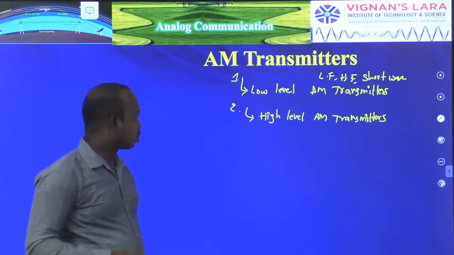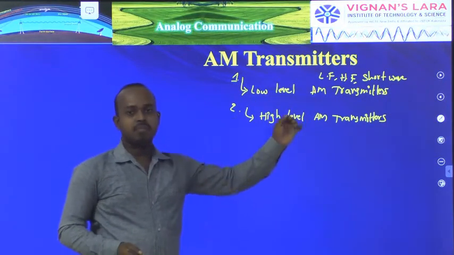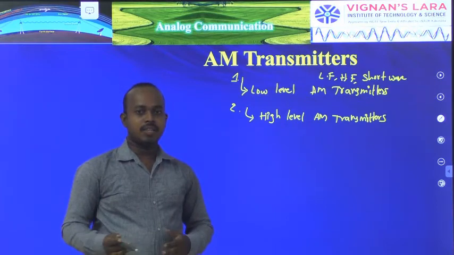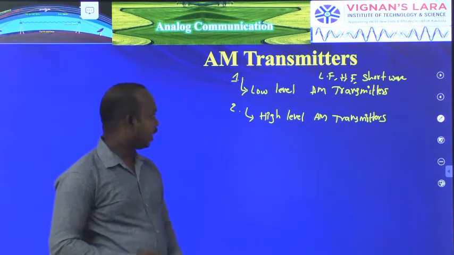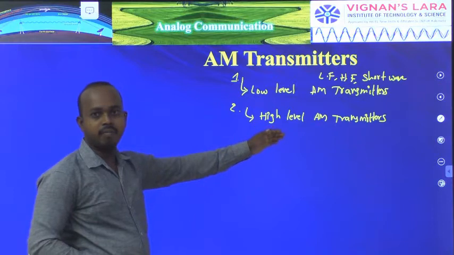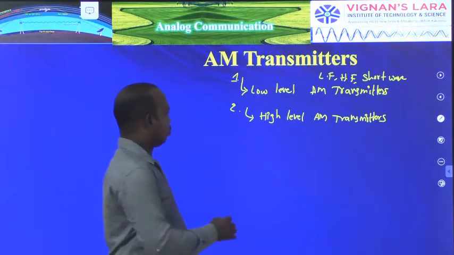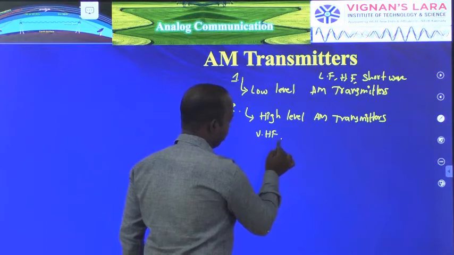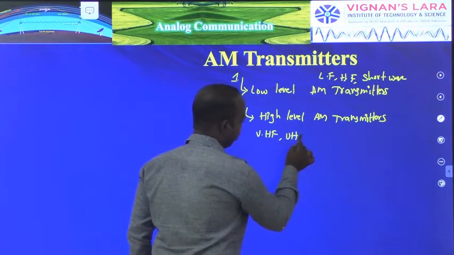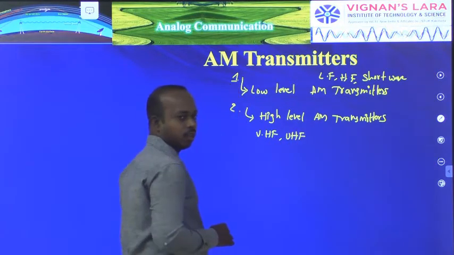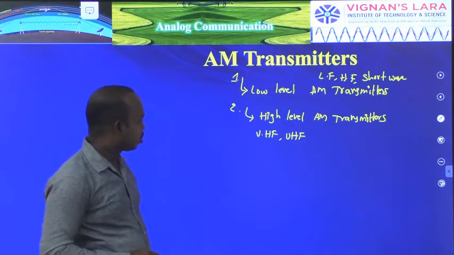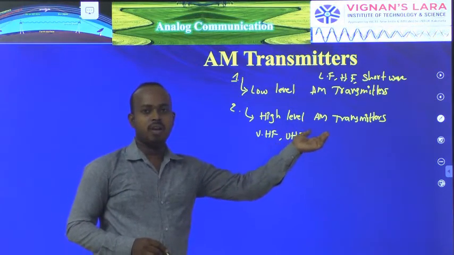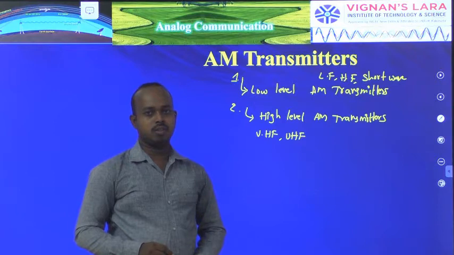The second category is high level AM transmitters, which are used for the very high frequency and ultra high frequency ranges.